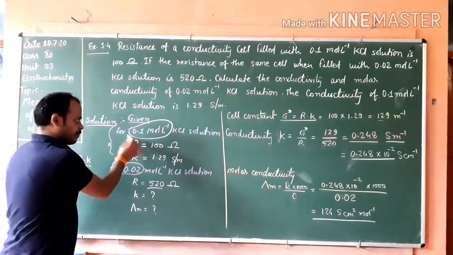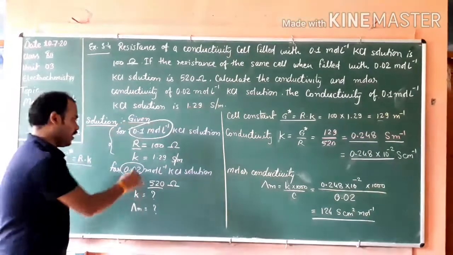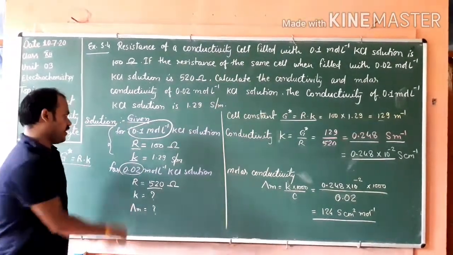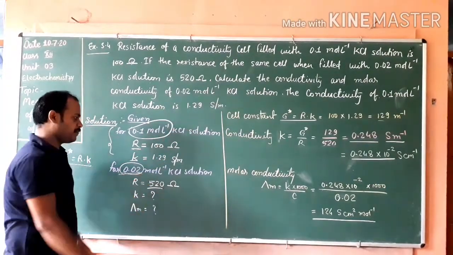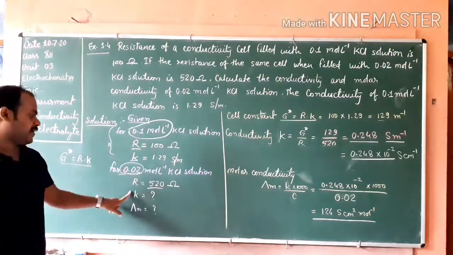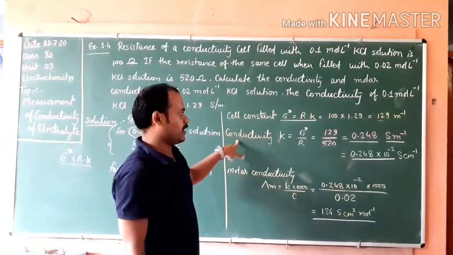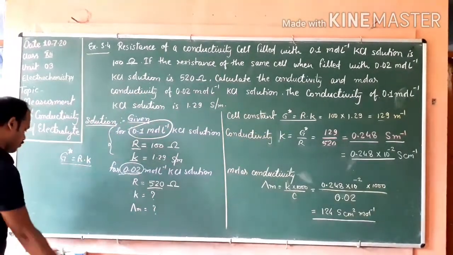Here, how can we calculate R? By using Wheatstone bridge. How can we calculate cell constant? By Kohlrausch law. From there we can find cell constant. Then for a known solution, if R is given, then we can calculate kappa. So cell constant we calculated, and conductivity in this way we can calculate. So that's all for today's discussion.